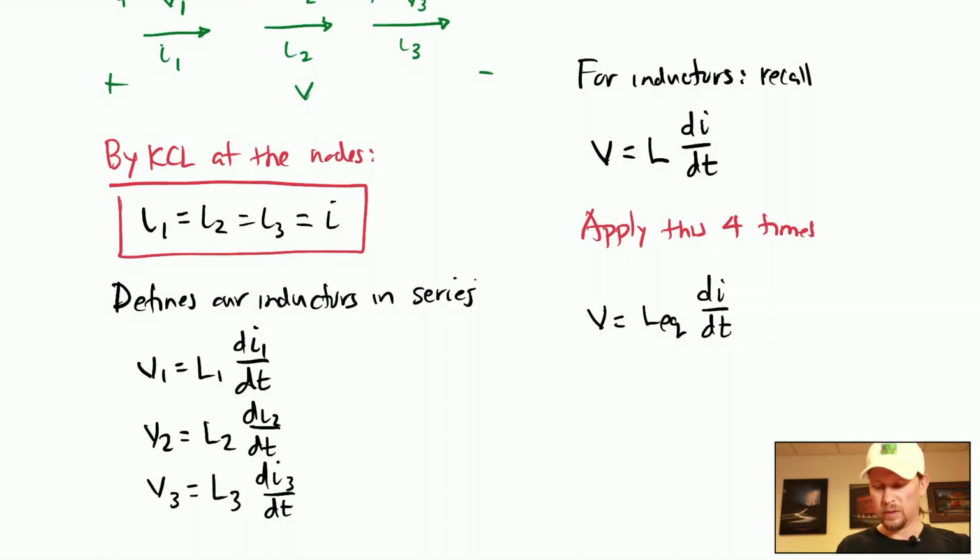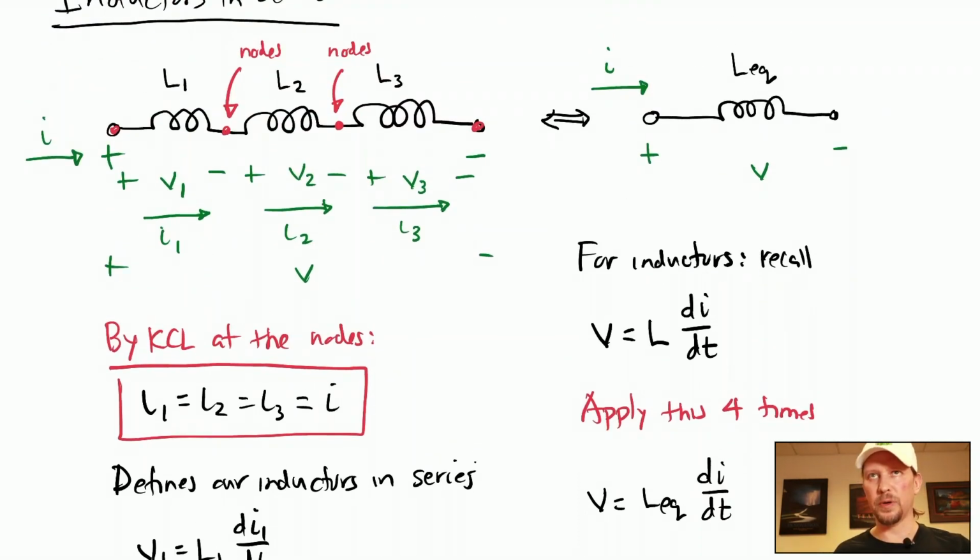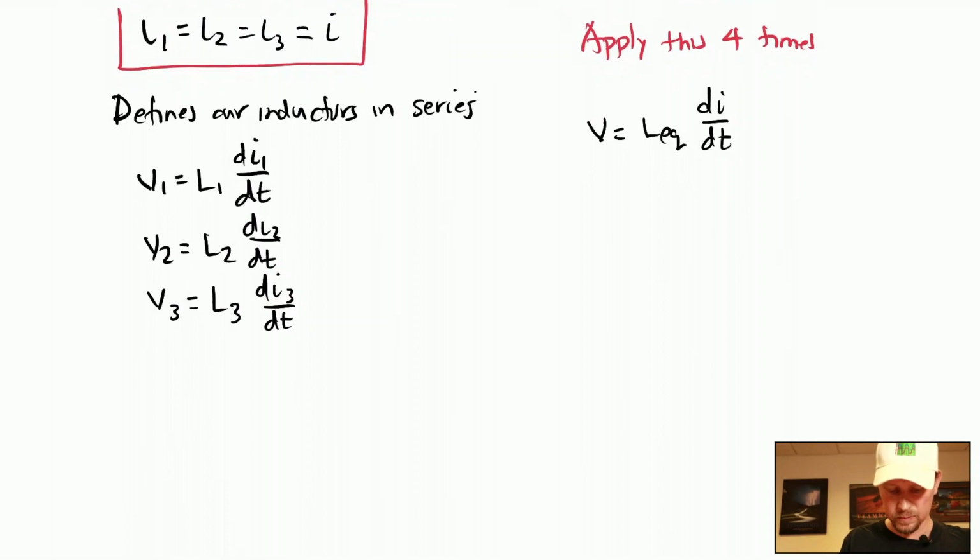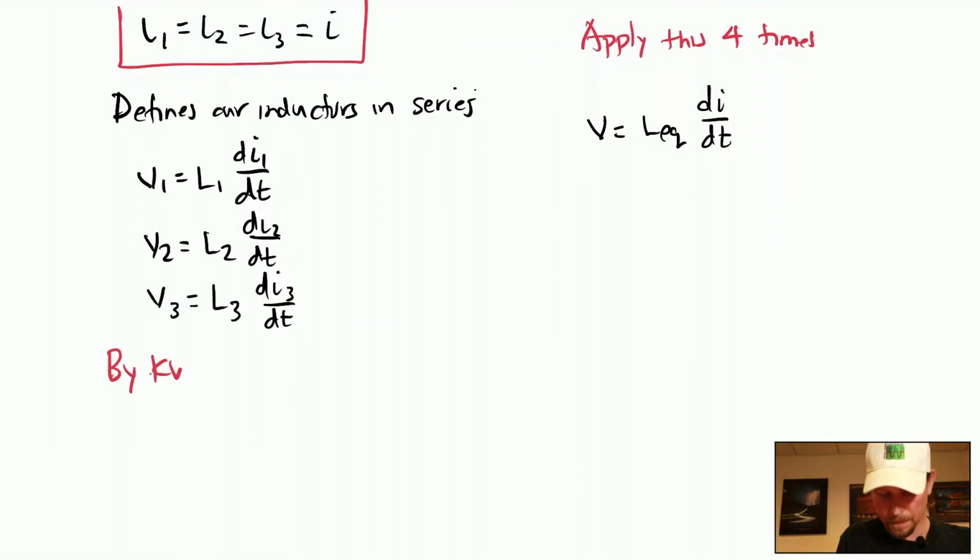Now, this is as far as we'd be able to go in our analysis unless we actually used KVL as well. And if we apply KVL in moving from the left node to the right node, we should be able to see that the total voltage V is just the linear sum of V1 plus V2 plus V3. So by KVL, we should have that V is equal to V1 plus V2 plus V3.